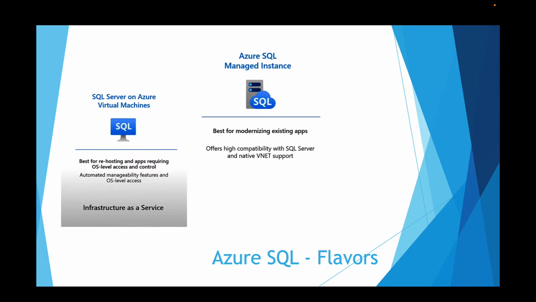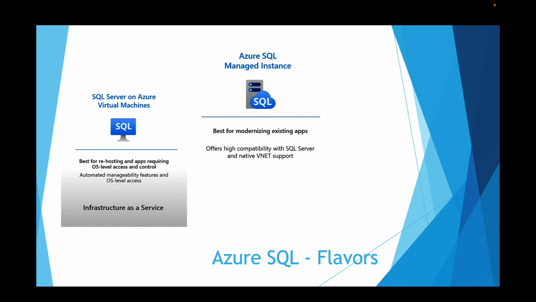The second one is the Azure SQL Managed Instance, also called Azure SQL MI. This is best for modernizing existing applications, and it's possibly a combination of somewhat infrastructure as a service, I would say, and the benefits of PaaS, that is the platform as a service model.